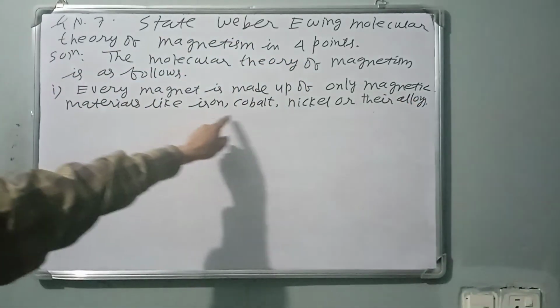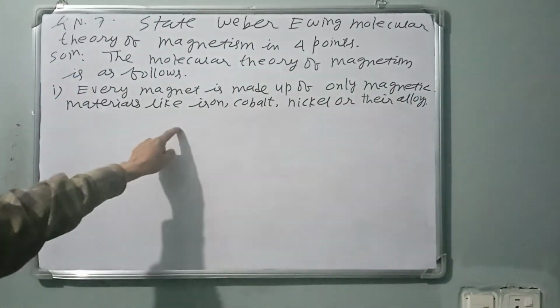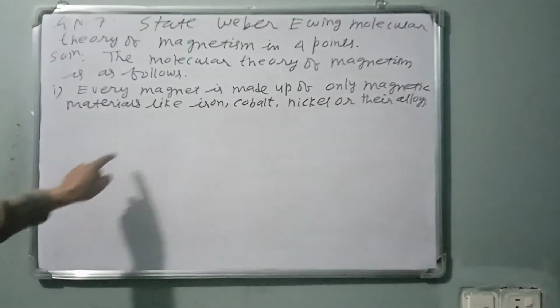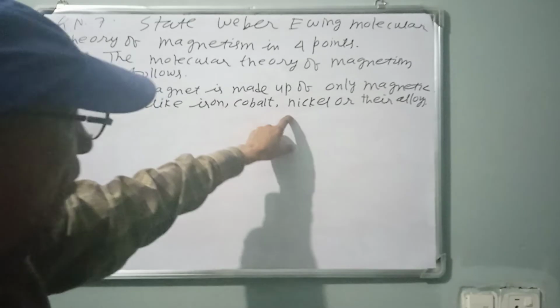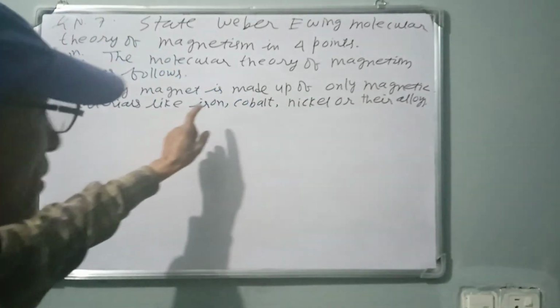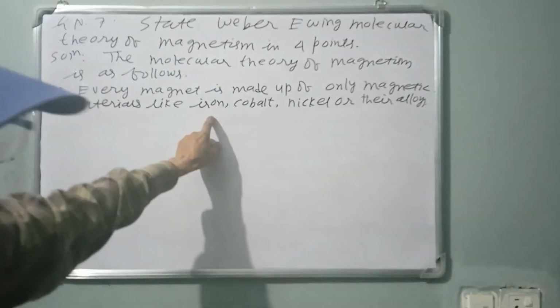The alloys of iron, nickel, cobalt, or these three metals, only three metals: iron, cobalt, and nickel. But you can write steel also, but steel is also a type of iron.